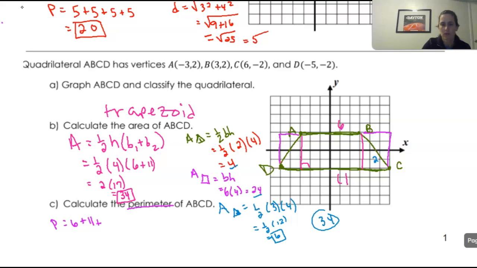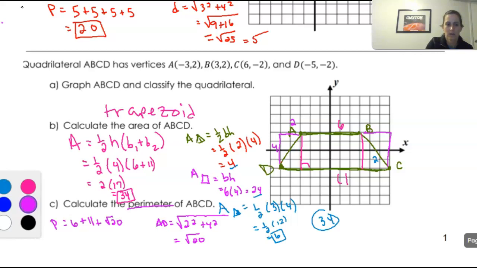So I know the base for AD would be 2 and the height is 4. So then I can do AD is equal to the square root of 2 squared plus 4 squared. And that would get us 4 plus 16, so it'd be the square root of 20. So I'm going to add the square root of 20, and now I've got to figure out what the length of BC is equal to.